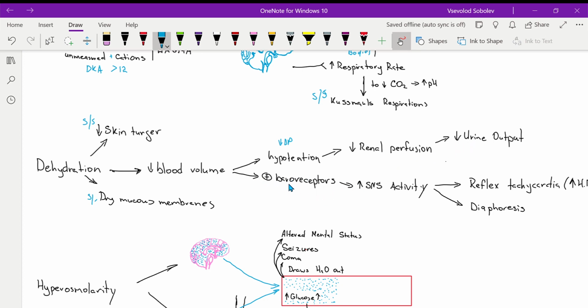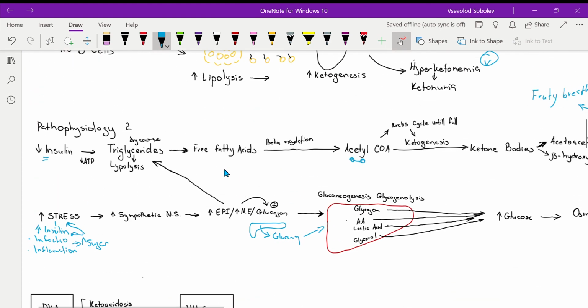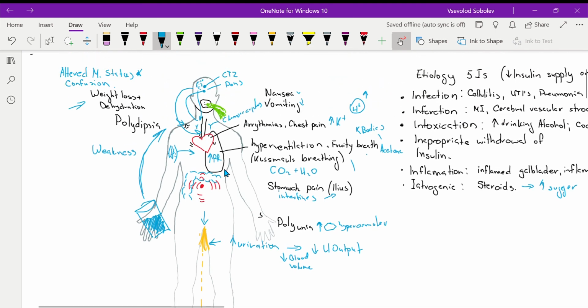Okay, baroreceptors will be stimulated, and they will increase central nervous activity, which will lead to tachycardia and diaphoresis. So this is something we have not added to our vellum. So increased heart rate and diaphoresis.